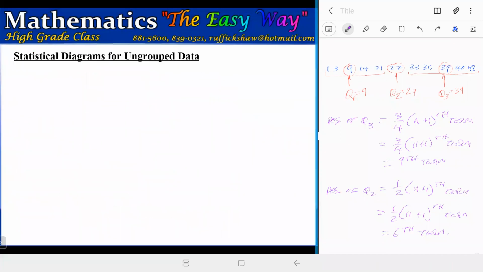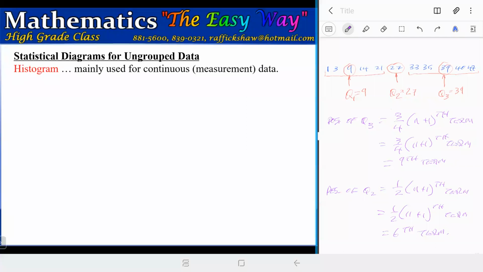So the next thing we have to do now are statistical diagrams for ungrouped data. We did statistical diagrams for raw data, so we did line graph, pie chart, and bar chart. Now when the data is grouped, we can do a histogram.